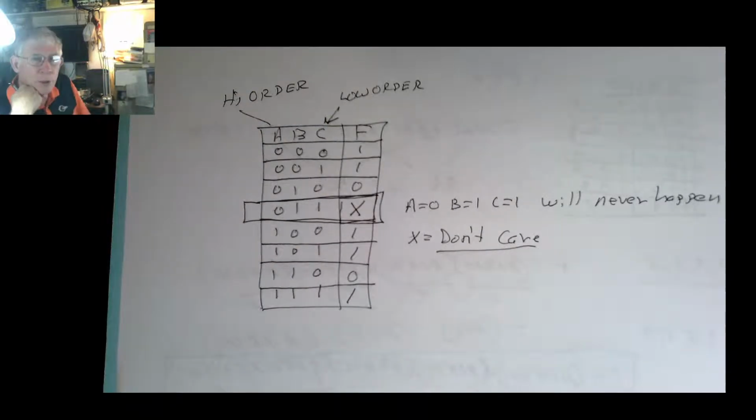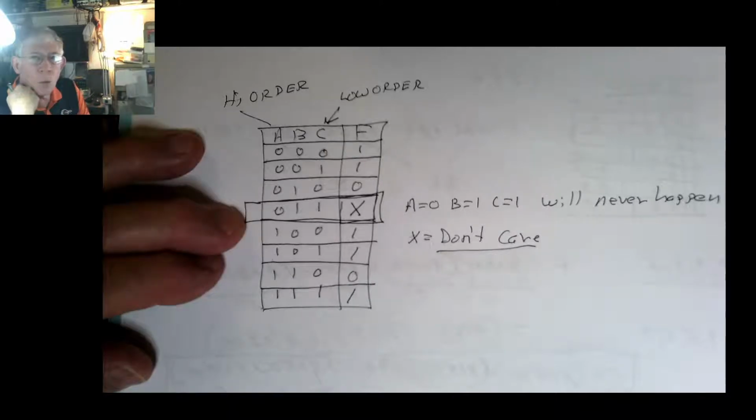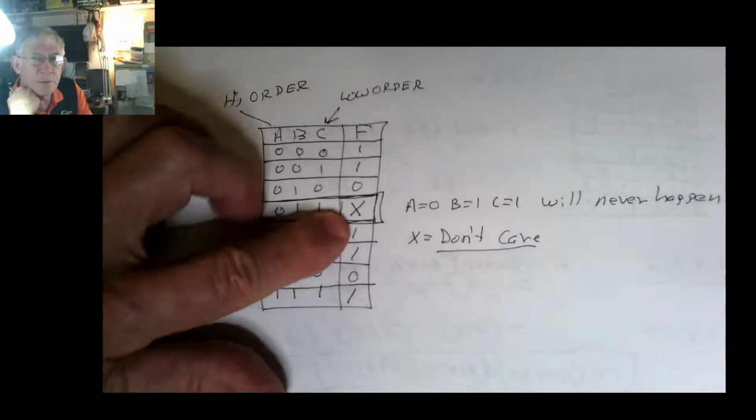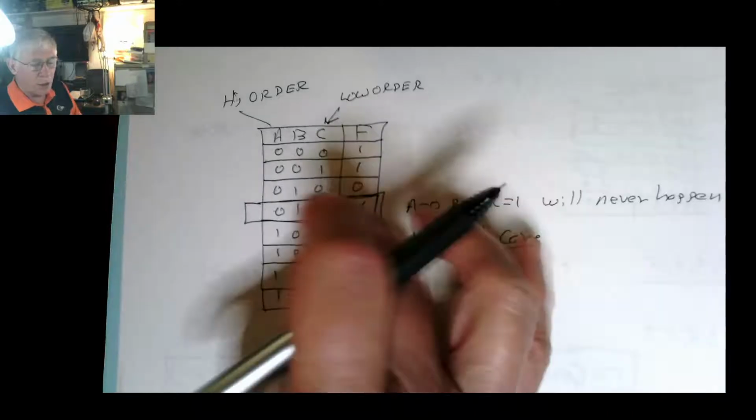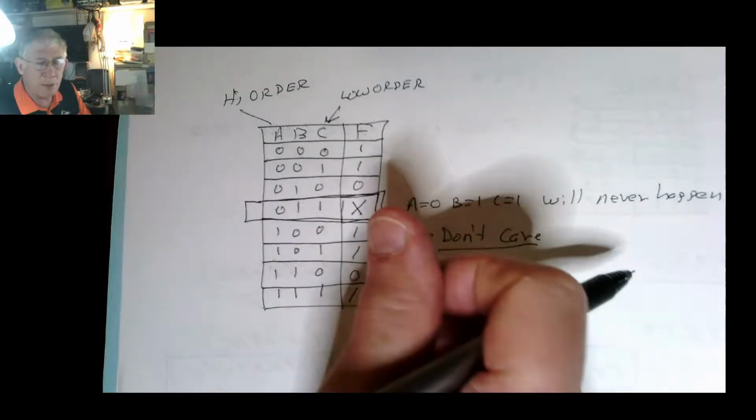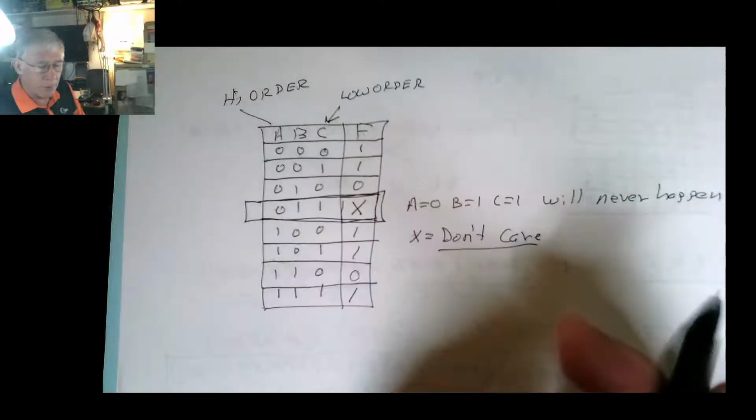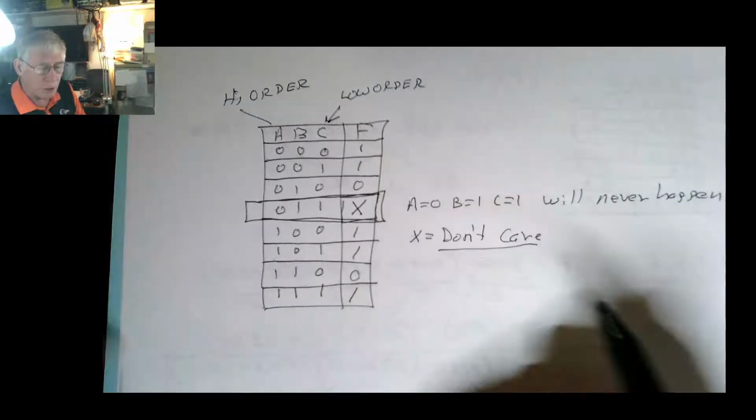So we do care about it, but what we know is that it's never going to occur, so it doesn't matter. So really it should be do care but doesn't matter for the actual output F, but it does matter for our ability to simplify our resultant network. And of course, we always want to simplify things if we can, and in some cases, carefully choosing that can result in big simplifications. So it is important. But that's how the don't care comes into play.